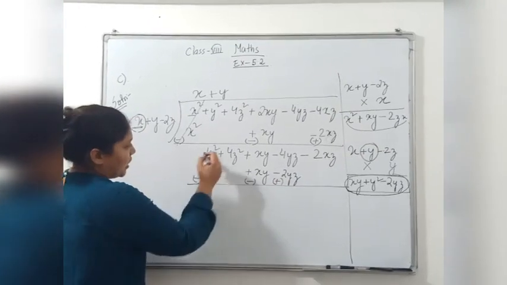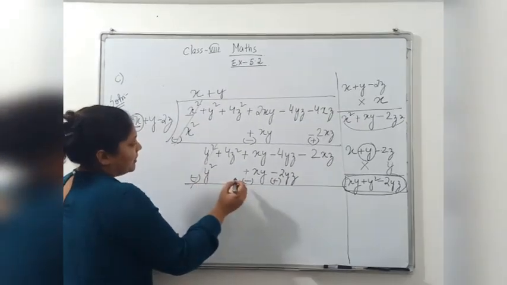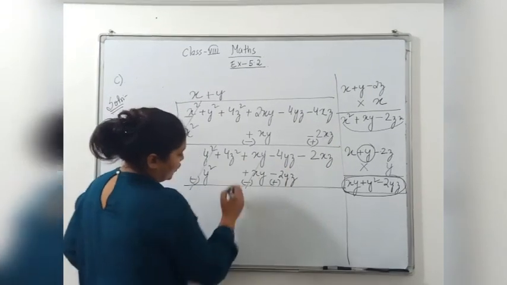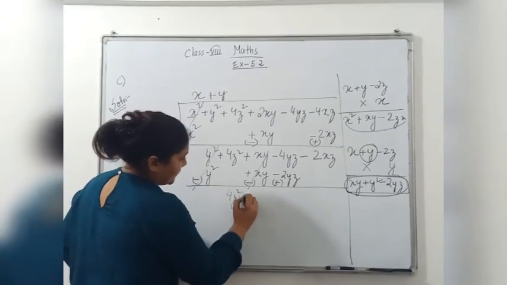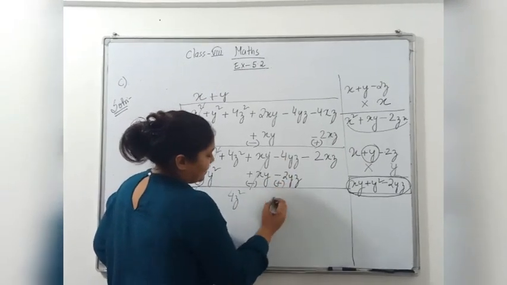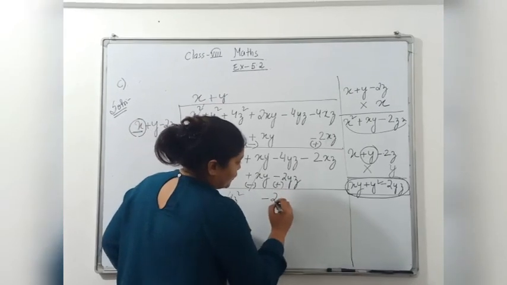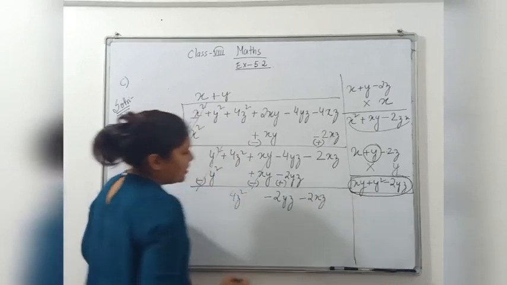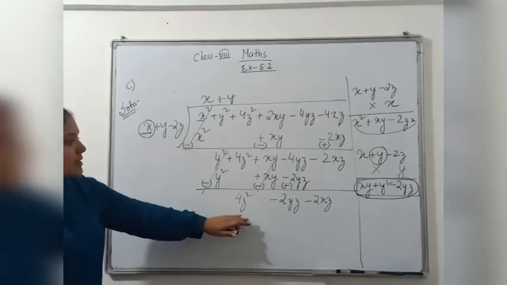We have changed the sign. Now see, plus minus cancel. Again plus and minus same variables cancel. Now 4z square. Now minus into plus, minus. Bigger as minus sign. 2yz minus 2xz. Clear?